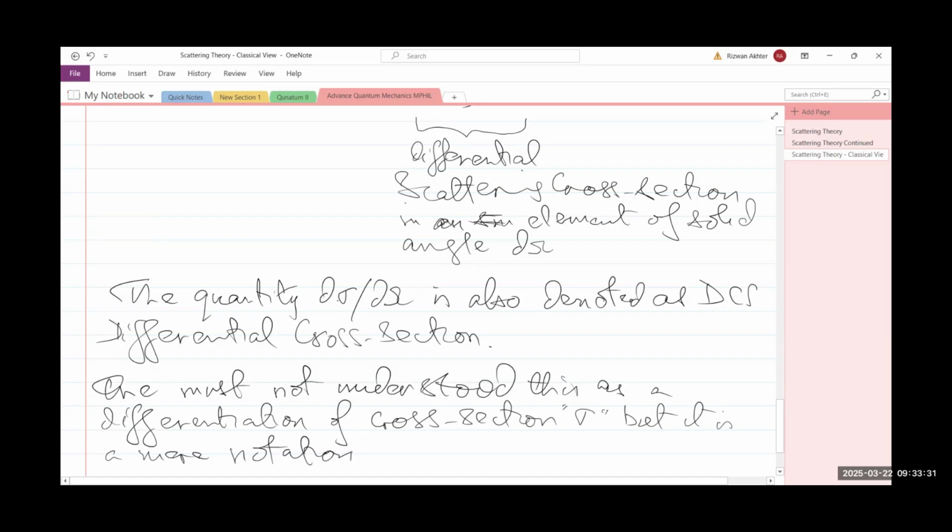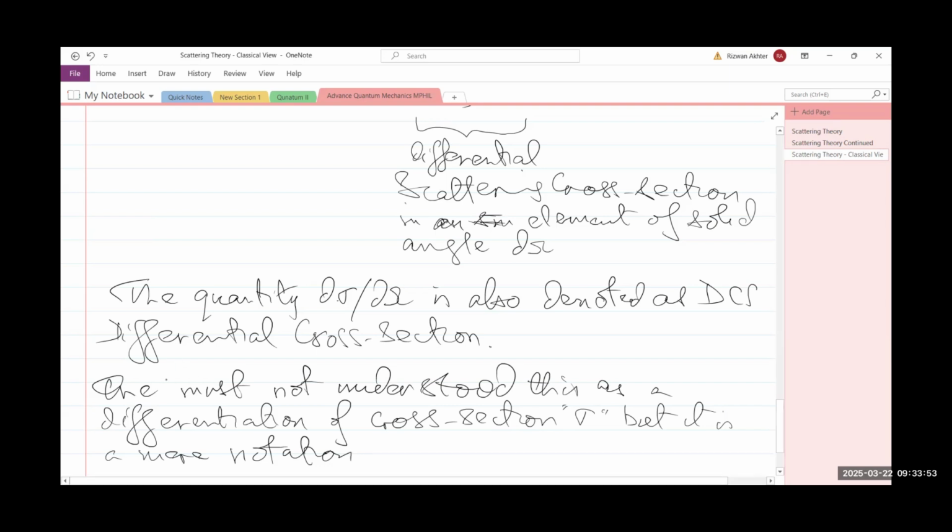So now let us define this cross section as some deflection function. What do you mean by deflection function? So deflection function would be a function of the impact parameter and the angle phi and angle theta.